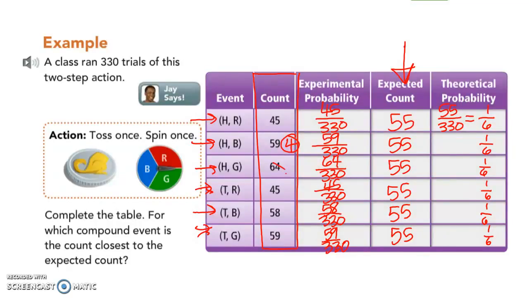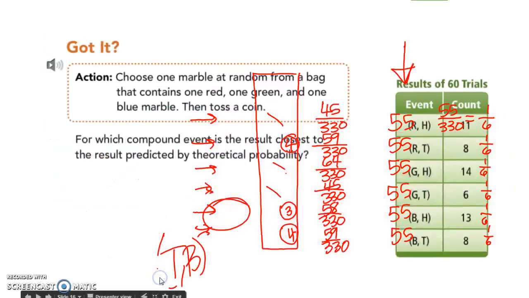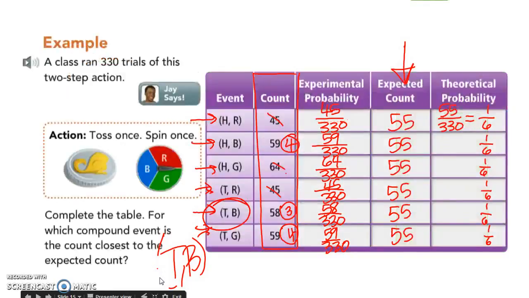This is bigger. This is bigger. This is bigger. Ooh, 58 is just 3 from 55, and this one's 4. So which one is going to be the closest? It's going to be this outcome, tails and blue. We ended up getting that 58, which was just 3 away from the expected count of 55.